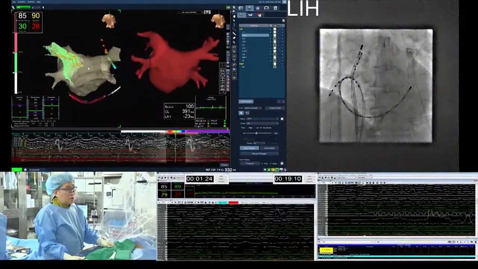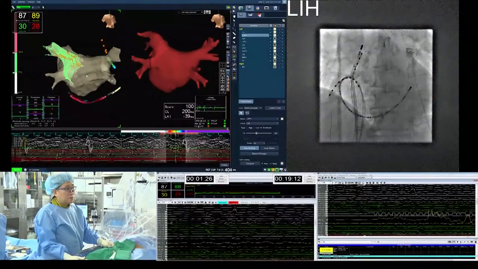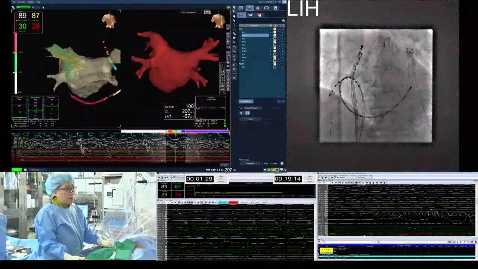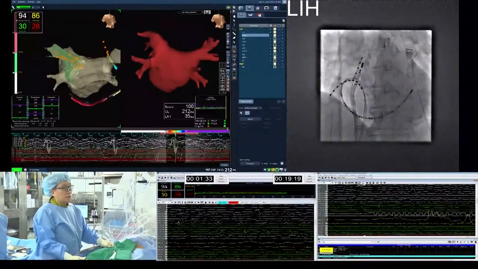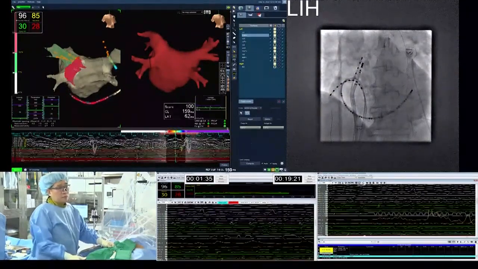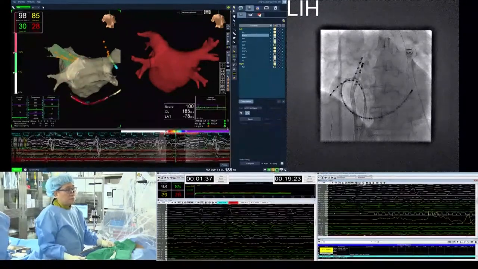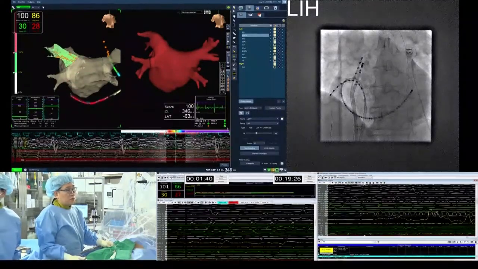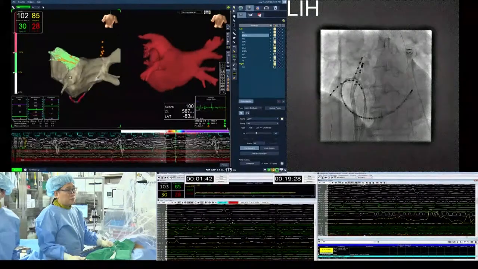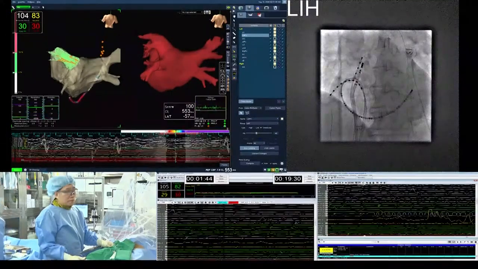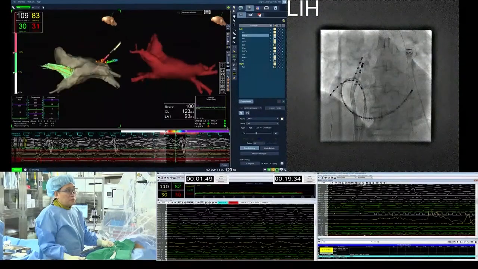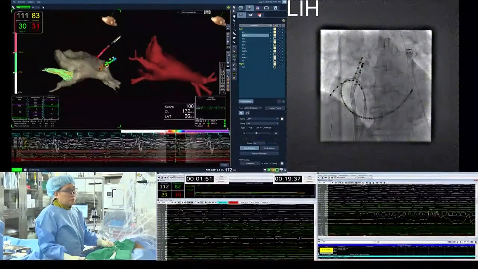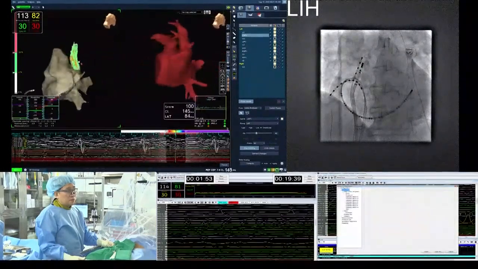I usually deliver 25 watt, 20 seconds at each point, and then move to the cavotricuspid isthmus, to generate a CTI block. So generally, after these two linear ablations, the FC finishes the CT merge process. Then I enter the left atrium again and start the pulmonary vein isolation procedure.